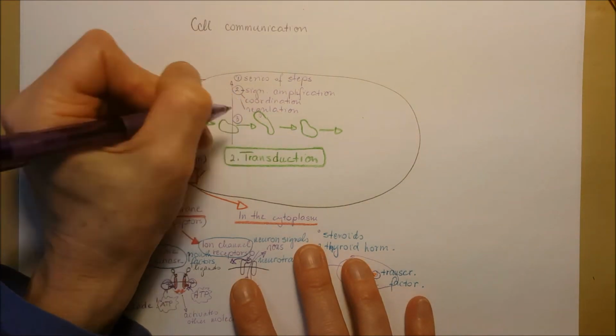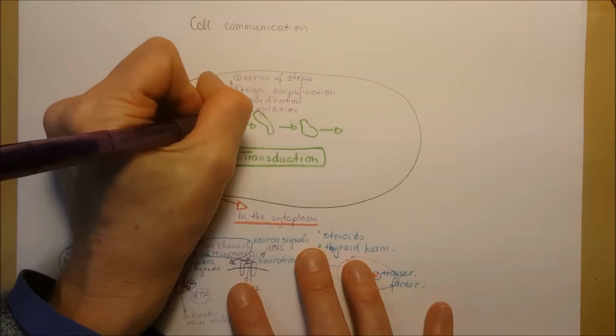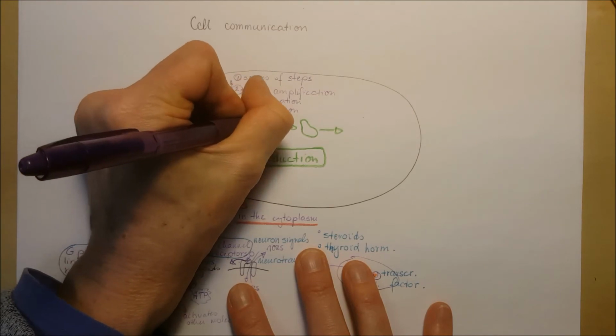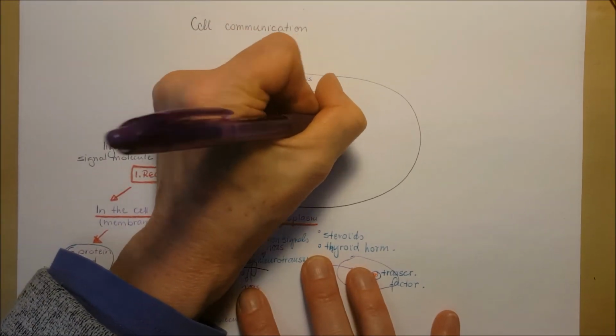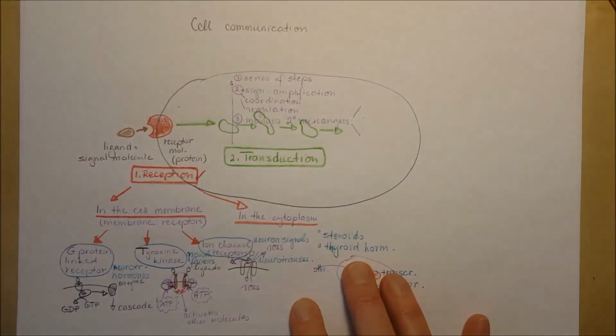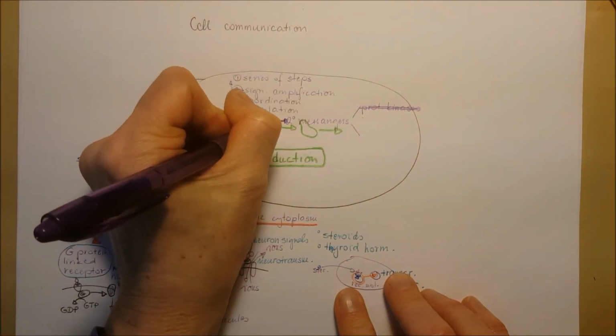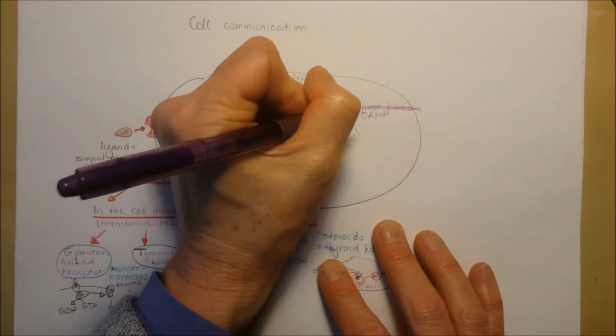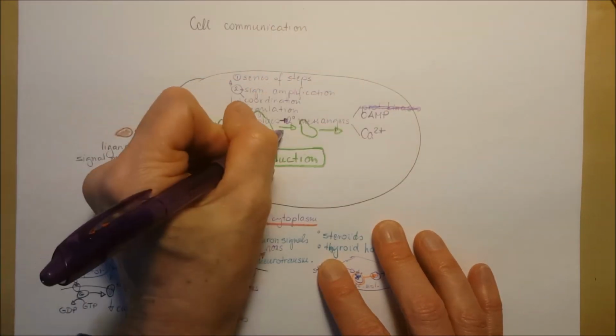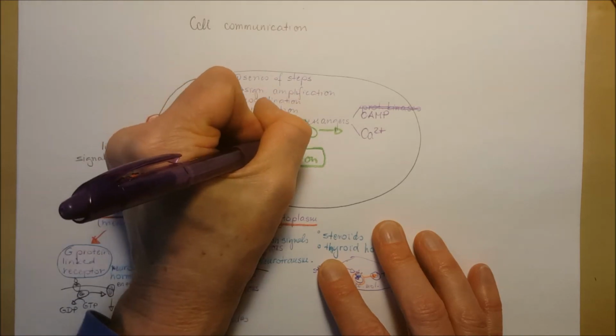Also, it can involve second messengers. The first messenger is usually the ligand. The second messengers can be cyclic AMP and calcium ions.